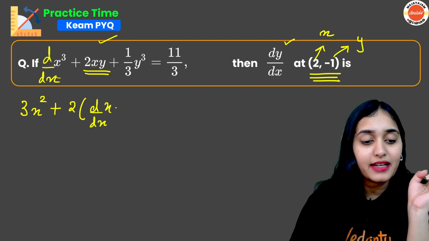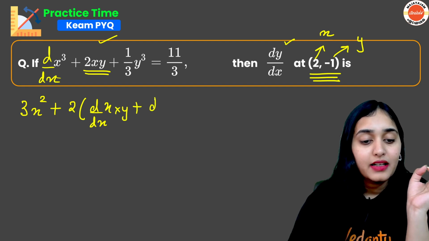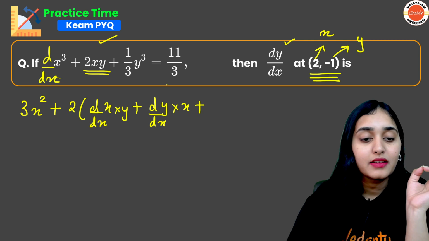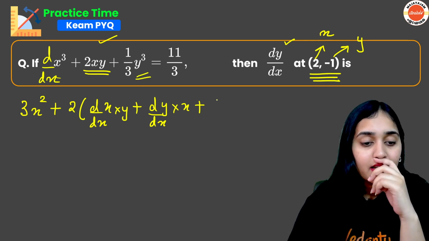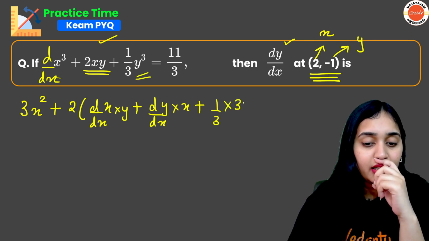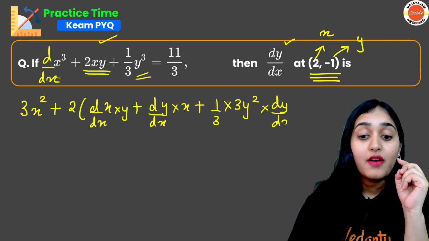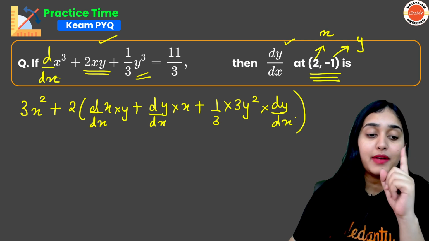d by dx of x into y plus d by dx of y into x, plus differentiation of this is 1 by 3 into 3y square into dy by dx. Wherever y is there, you put dy by dx, remember.